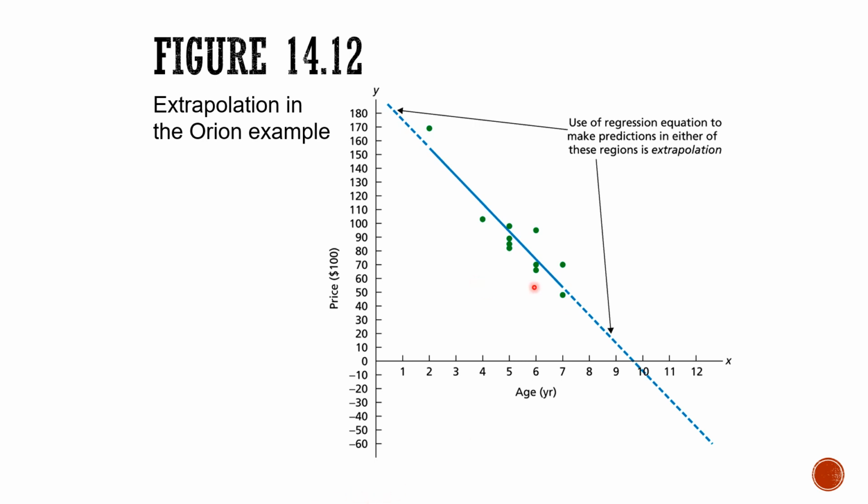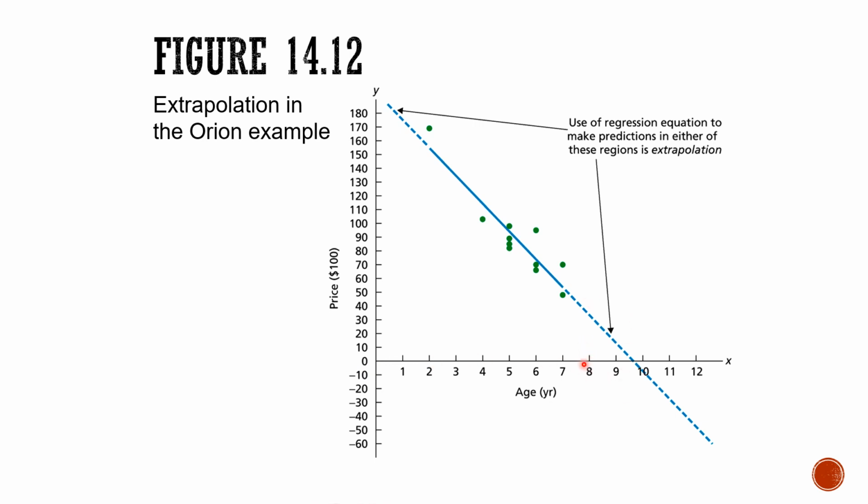Now, very quickly, we are going to talk about another term in statistics and especially regression analysis. It's called extrapolation. What is extrapolation? Previously with the actual data, we had our x values between 2 and 7. We didn't have in our actual data set a value of x for 1. Anything less than 2 was not in our actual data set.